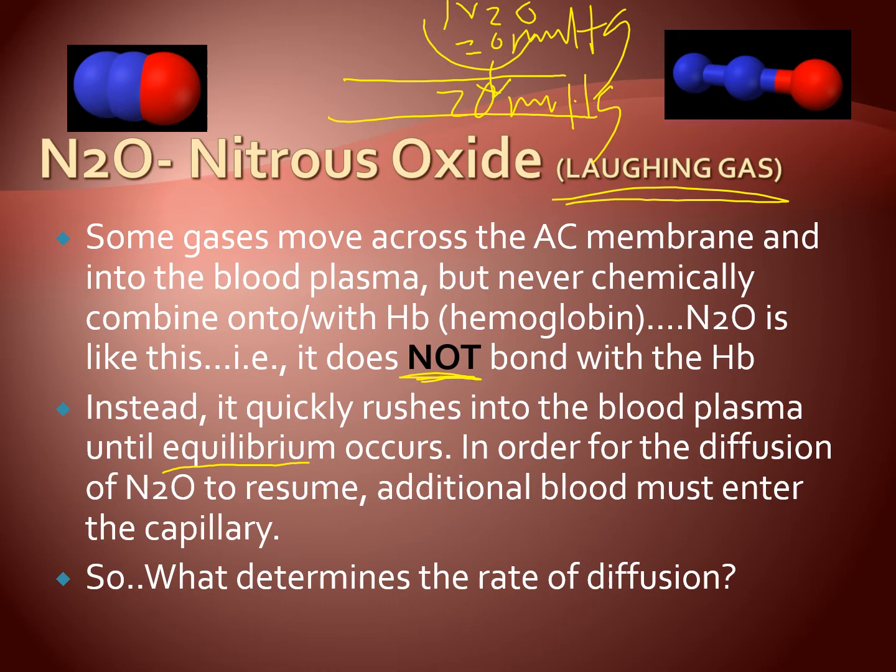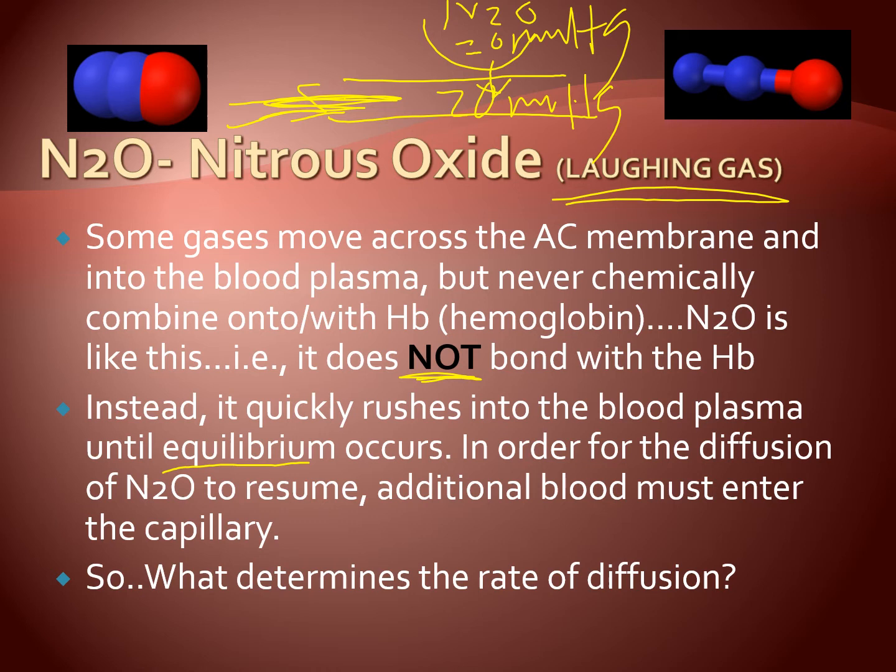So when that equilibrium occurs, no more is going to go in there. So the only thing that stops this gas from being diffused into the bloodstream is equilibrium. So the faster that blood moves, if I make this blood really go fast, the more will diffuse into the bloodstream. So what do I mean by that?